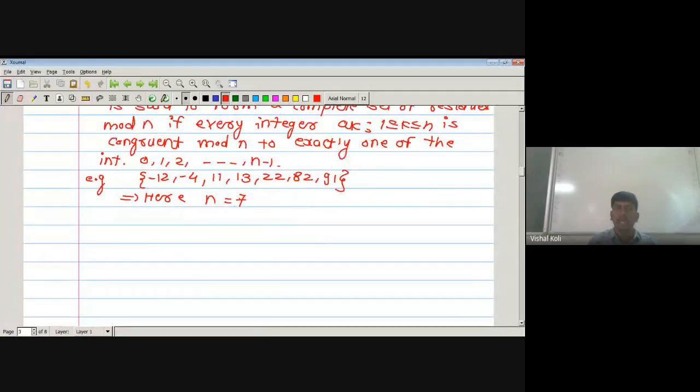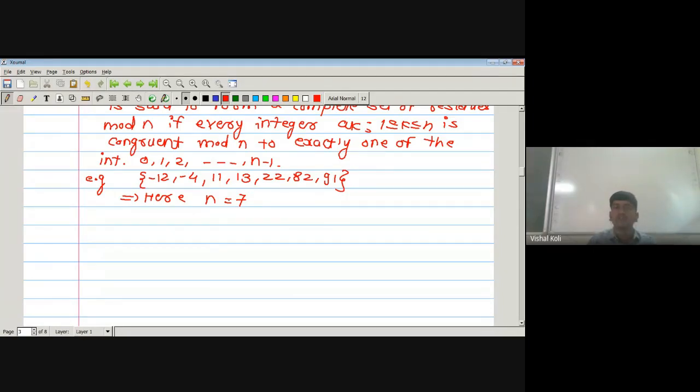We know that the set forms a complete set of residues modulo n if each of these 7 integers is congruent to a different remainder, that is, the remainders obtained by division by 7.